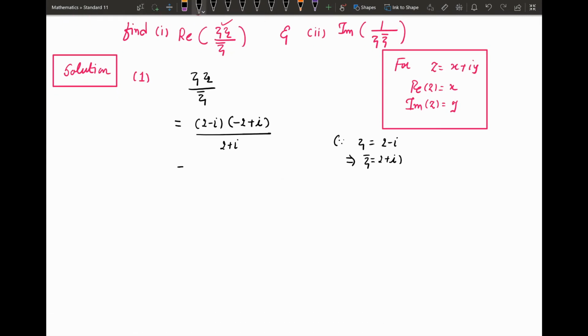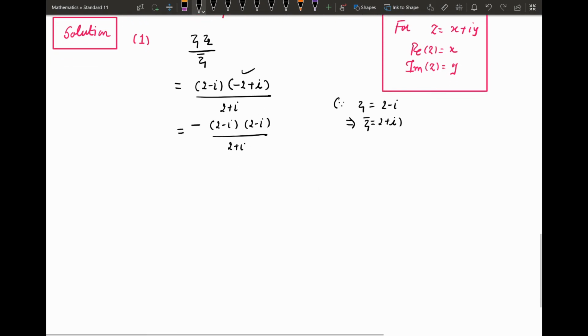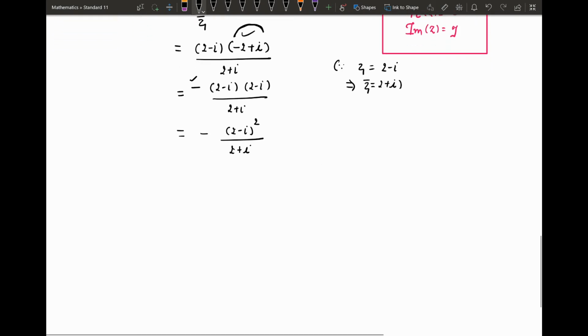Now again we simplify. So we take minus common, so (2 minus i) upon (2 plus i). Here when we take minus common, outside minus, into bracket we have 2 minus i. So this is (2 minus i) whole square upon (2 plus i).